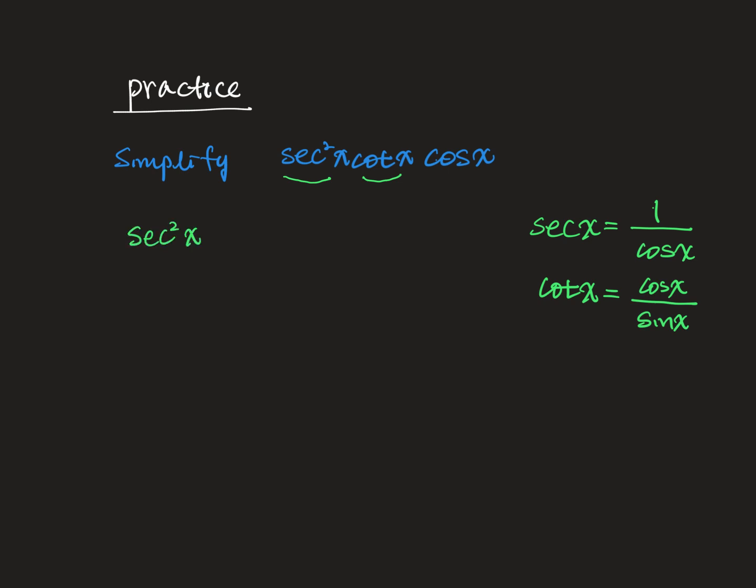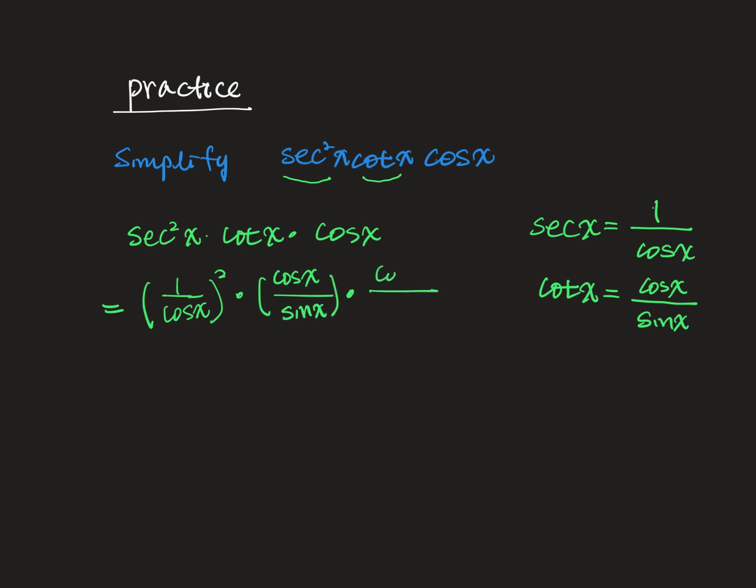Secant square x, cotangent x, cosine x. Secant square x means 1 over cosine x, squared, times cotangent x, which means cosine x over sine x, times cosine x, which is cosine x over 1.